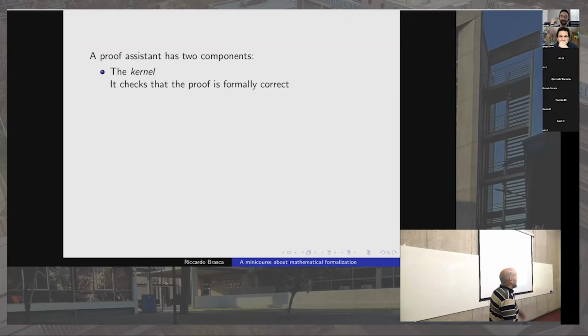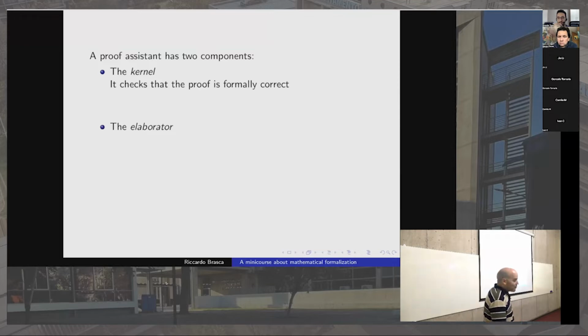The kernel takes mathematical proofs, and it really checks that there are no mistakes in the proof, checking correctness from the axioms. You don't have to know what the axioms of mathematics are, don't worry about that. But the kernel knows the axioms of mathematics and is able to check the proof using only the axioms. Then there is another part that is called the elaborator.